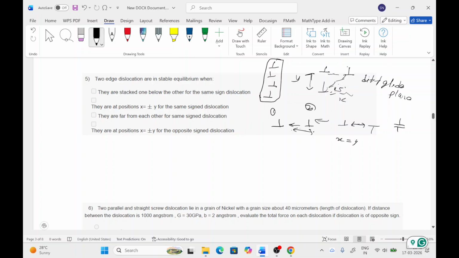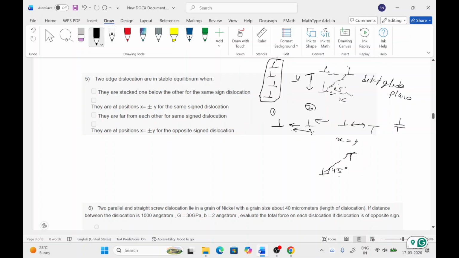But if they have opposite sign, means a positive edge and negative edge dislocation, the stable condition for this will be just opposite from the previous condition.